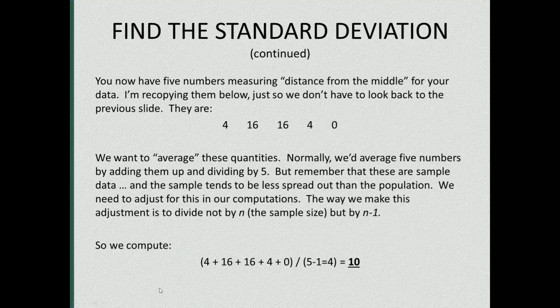And so when we find our average, so to speak, we're going to add them up, but we're going to divide by a slightly smaller number, not the sample size of 5, but the sample size minus 1. Add them up, divide by 4, the result is 10.